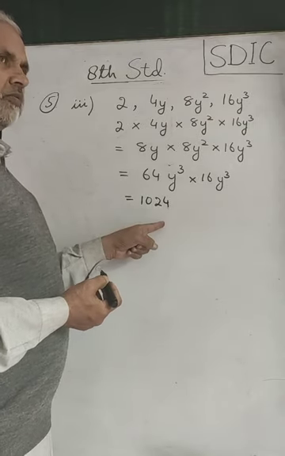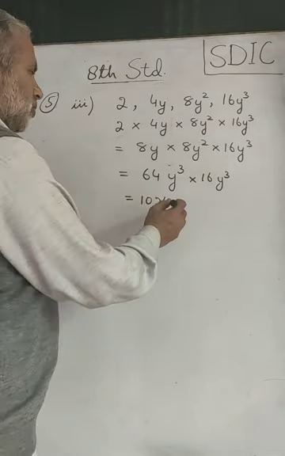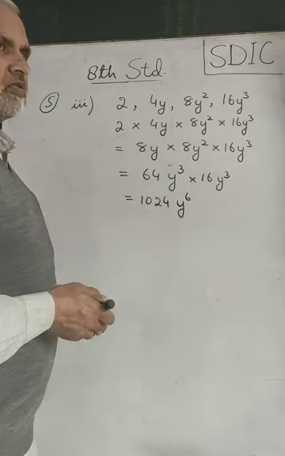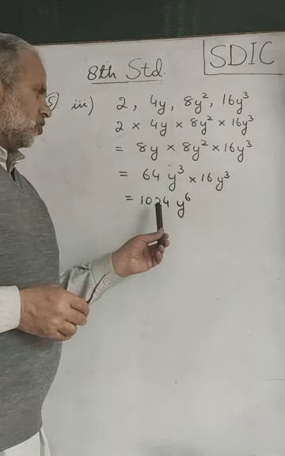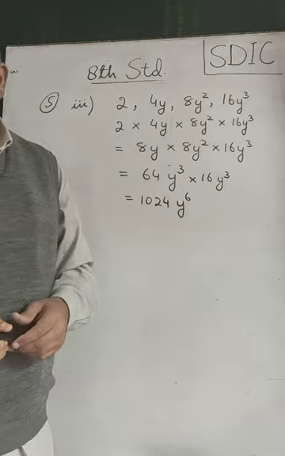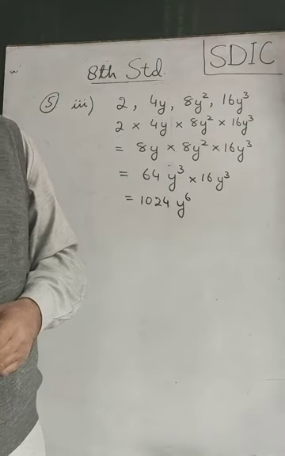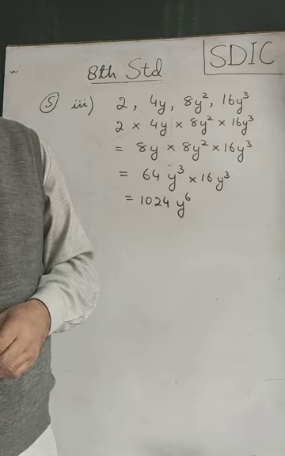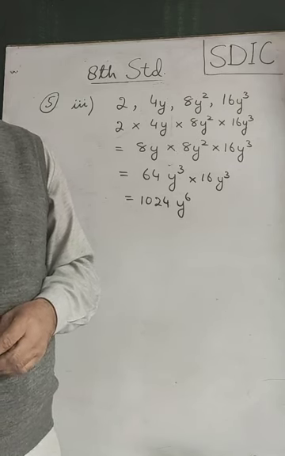This is the coefficient now. Variable parts, when bases are same, powers are added, law will be used. It will be 3 plus 3, 6. So the answer is 1024 y raised to power 6. That was part number 3. Fourth part I shall leave for you all again. Try this and let me know.